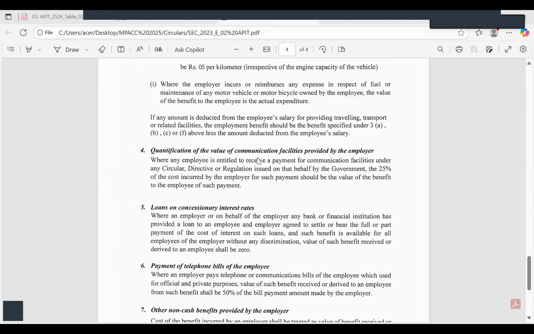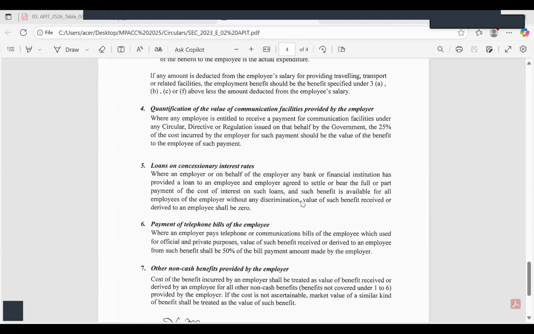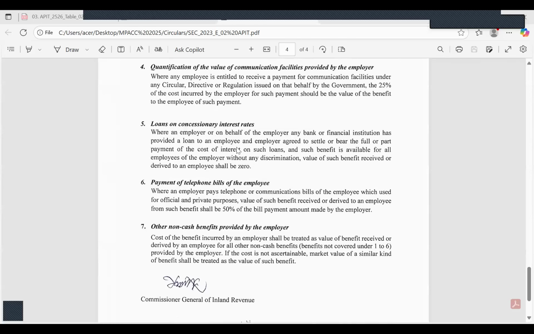That means for the communication facilities provided by the employer, if that person is a government official, 25% of the cost incurred by the employer should be a benefit. Then loans on concessionary interest rates. So that is 0. That means we do not consider concessionary interest rate loans as a benefit.